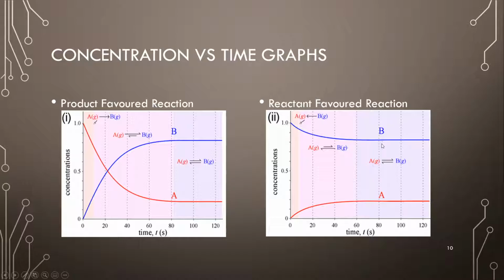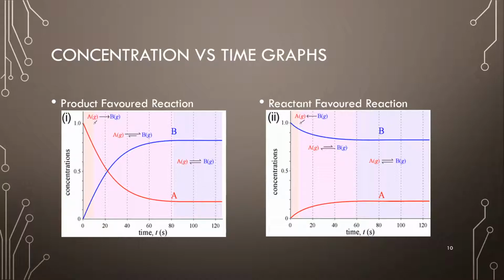Either way though, it will reach its dynamic equilibrium whenever the line hits the flat. Concentration doesn't change anymore at 60 onwards for reaction number 2, and for reaction number 1 at 80 seconds it has reached its dynamic equilibrium.